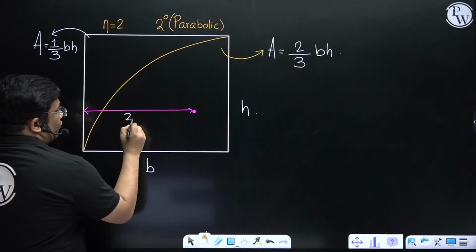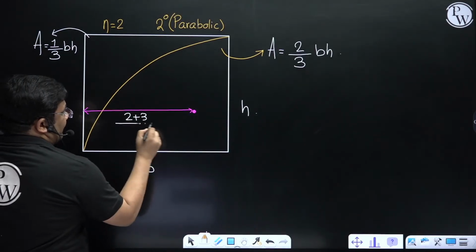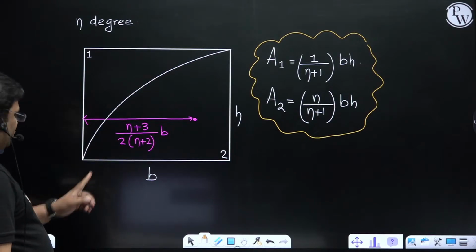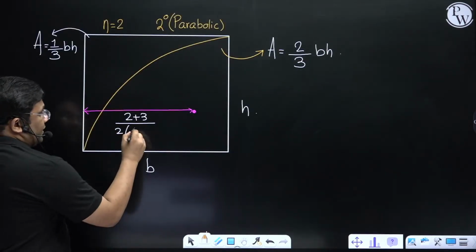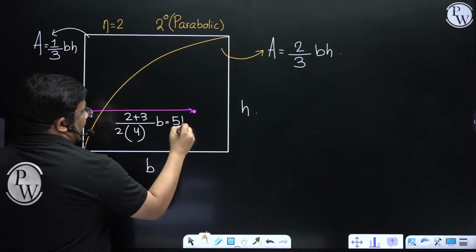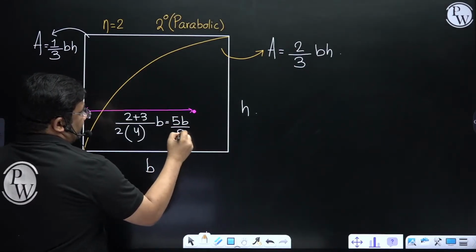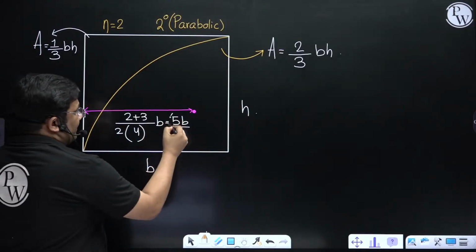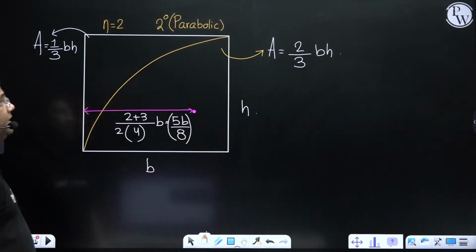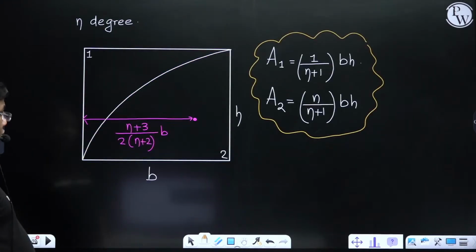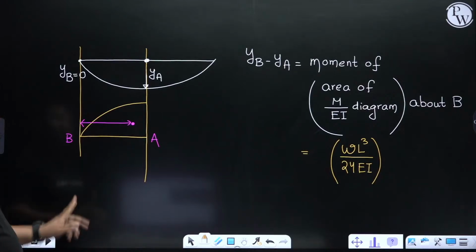So 2 plus 3 divided by 2 into n plus 2, 2 plus 2 is 4, into B. How much am I getting? 5B by 8. Understood? So this dimension is 5B by 8. Now I can apply this to our equation, right?